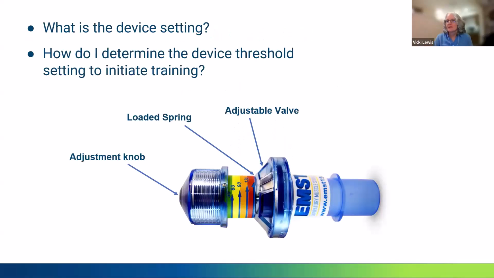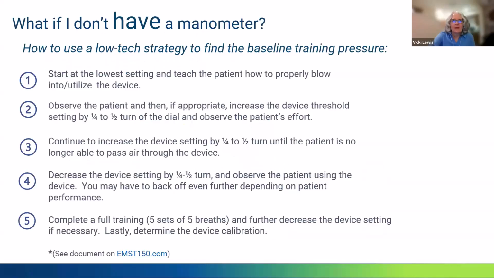So where do we start with this? How do we determine that threshold setting? You know, how are we going to initiate training? And with this, we've got a list of tasks here on this slide, and you can find this on the Aspire website as well.